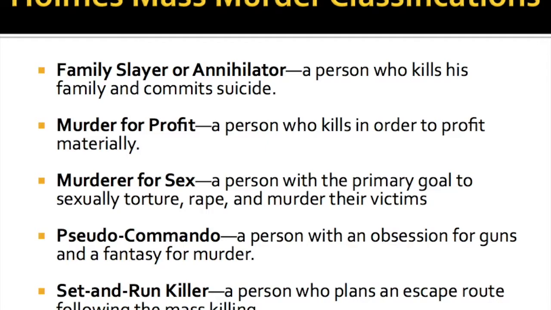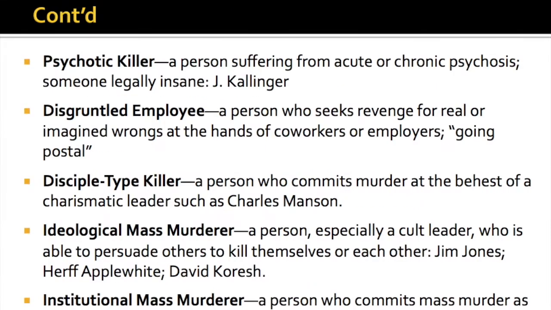These are all different classifications within mass murder that we'll see play a major role as we move along. So Holmes and other researchers try to help us explain what we're going to be up against as we move along, looking at serial murders.